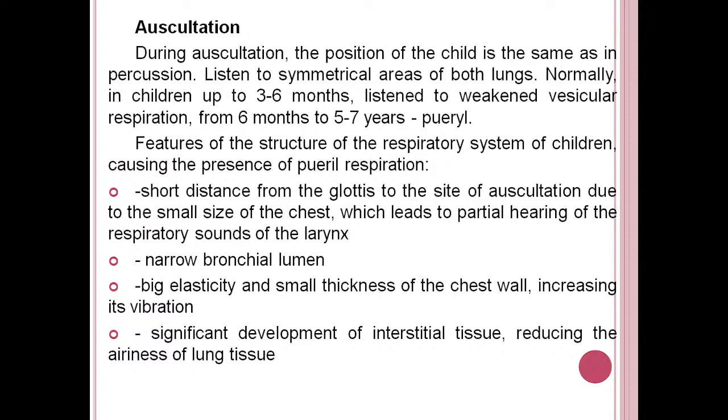Features of the structure of the respiratory system of children influence the sounds during respiration. There is a short distance from the glottis to the site of auscultation due to the small size of the chest, which leads to partial hearing of respiratory sounds of the larynx, and a narrow bronchial lumen.